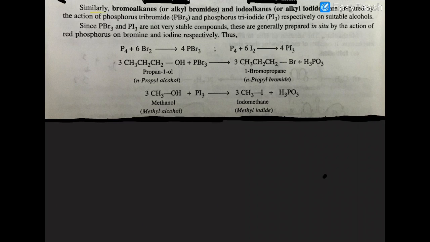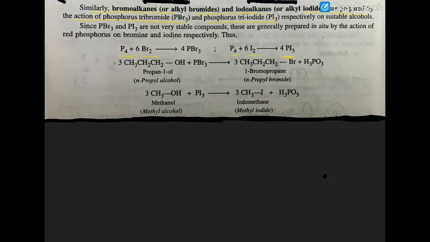Now similarly, bromoalkanes and iodoalkanes can be prepared by the action of PBr3 and PI3. How could you prepare PBr3 and PI3? If you treat phosphorus with bromine and phosphorus with iodine, you will get PBr3 and PI3.